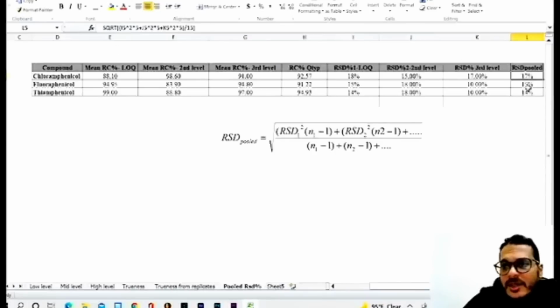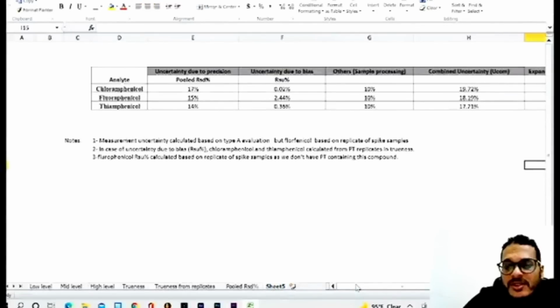You will apply it here. That also should be less than 20%. I calculate the pooled relative standard deviation that will be added at the end to the measurement uncertainty calculation to represent the random effects on the result.